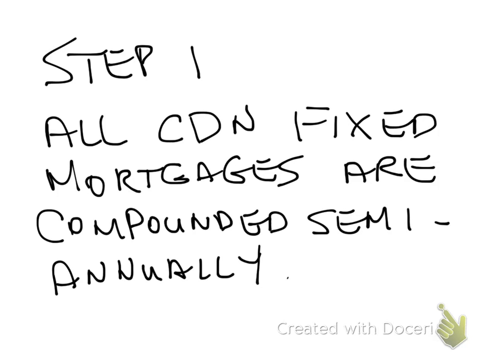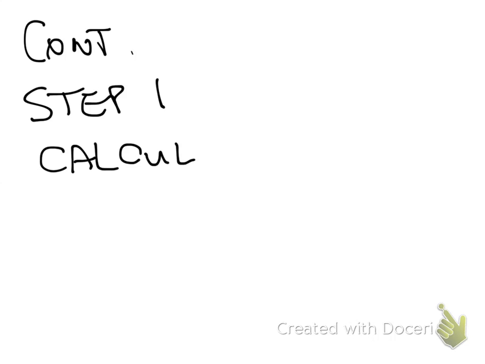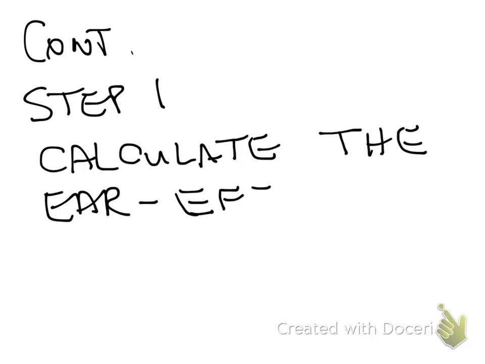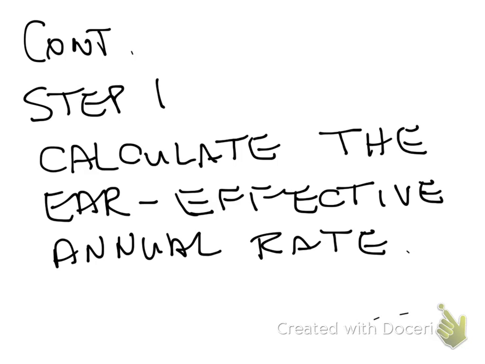So the first step, we need to express the annual posted rate or annual percentage rate, the APR, as the effective semi-annual rate. So we need to calculate the effective annual rate, the EAR, based on semi-annual compounding.